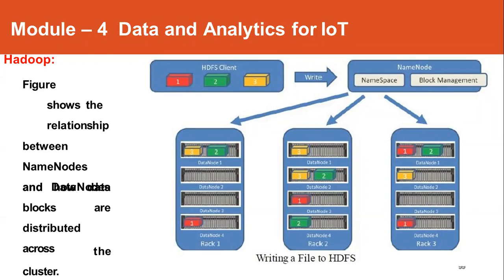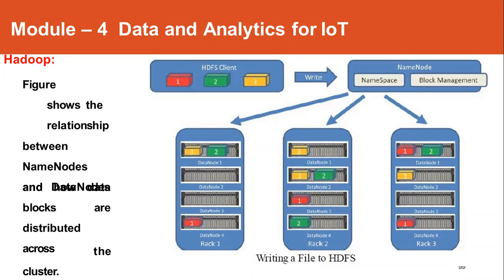So the name node will be responsible for block management. So you can observe here the client is writing 3 blocks of data. So when the name node receives that particular data, it is writing that particular data into different data nodes.